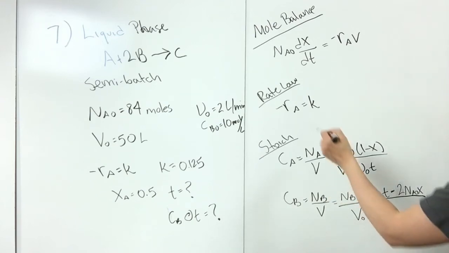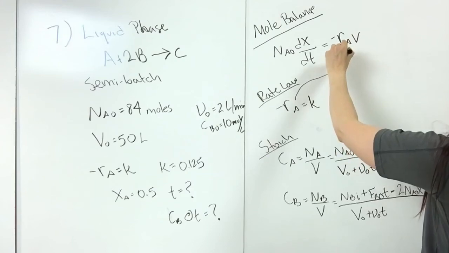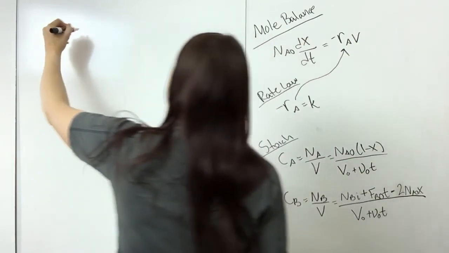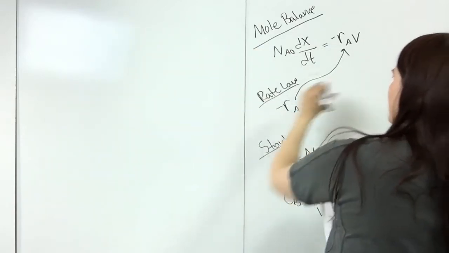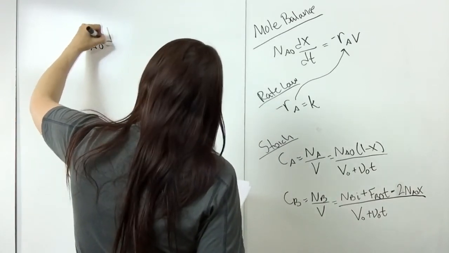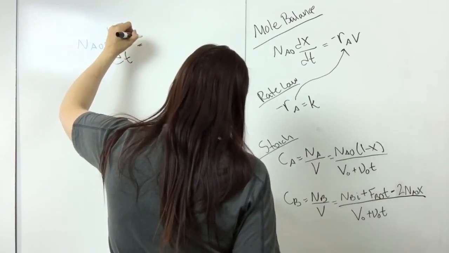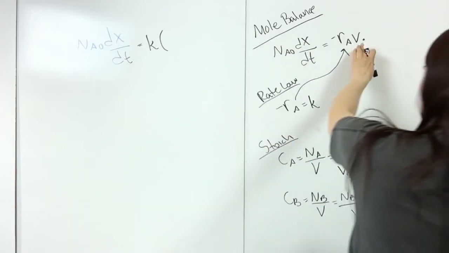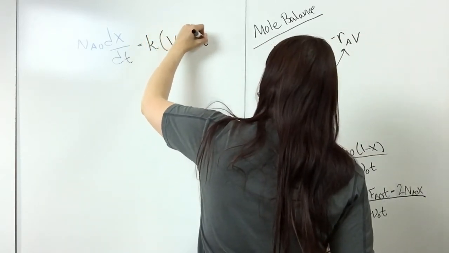So to integrate this, we just need to plug that into there and we can integrate. I'm just going to erase some stuff real quick. Combining the rate law into the mole balance, we have Na naught dX/dt is equal to K multiplied by V, and V is V naught plus V naught t.